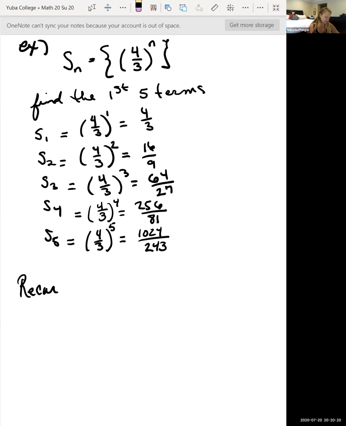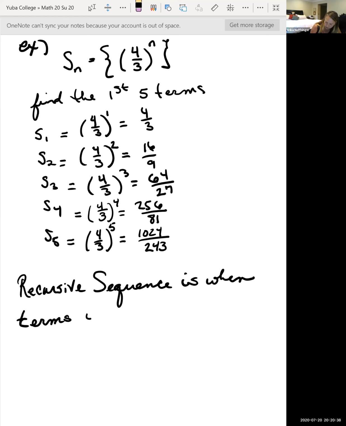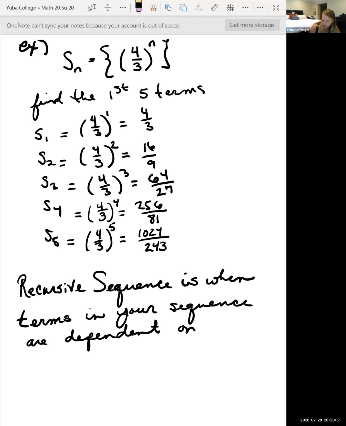So a recursive sequence is when terms in your sequence are dependent on other terms in your sequence.